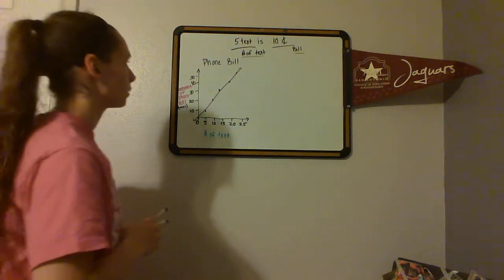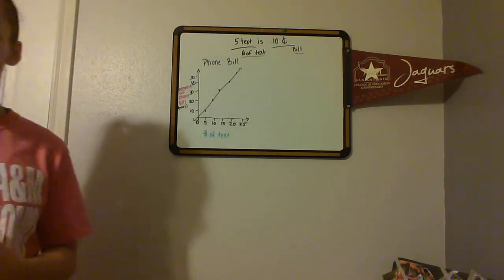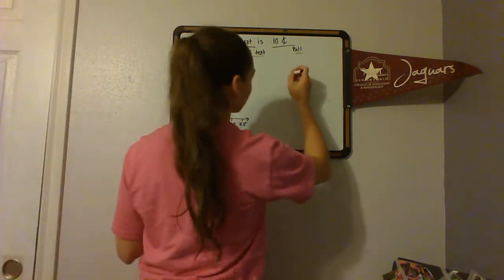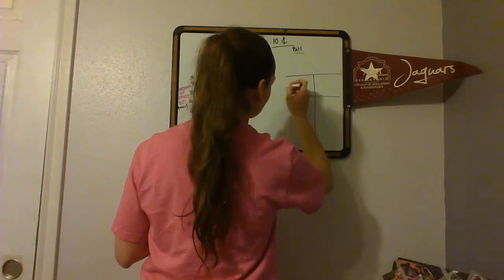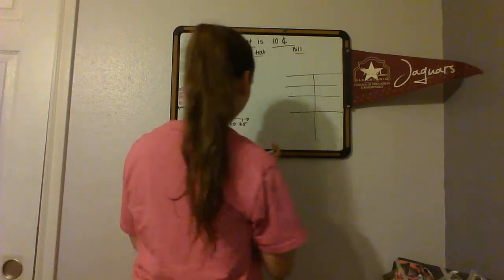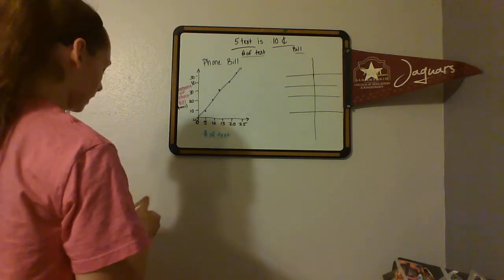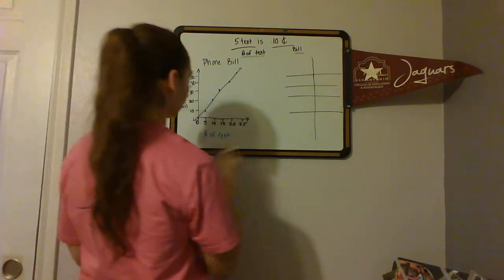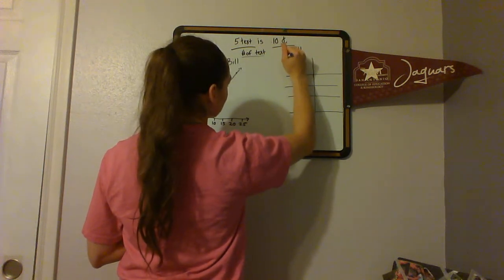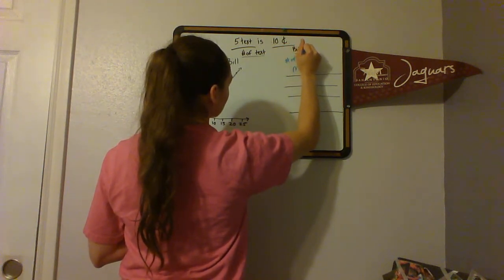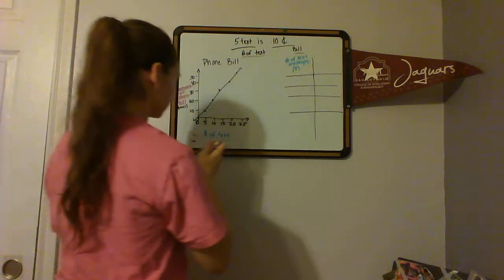So what is another way that we can analyze our independent and dependent variables? Well, we can use a function table as such. We can label our number of texts, which is our independent variable, with M for messages. So number of text messages.